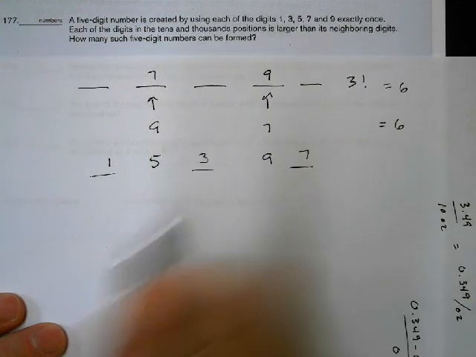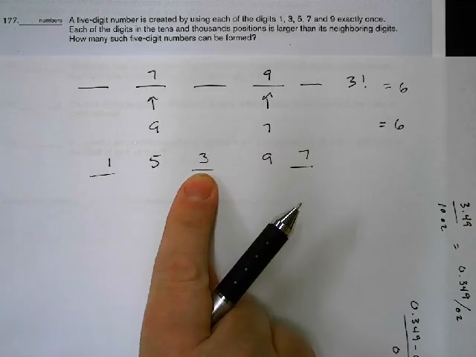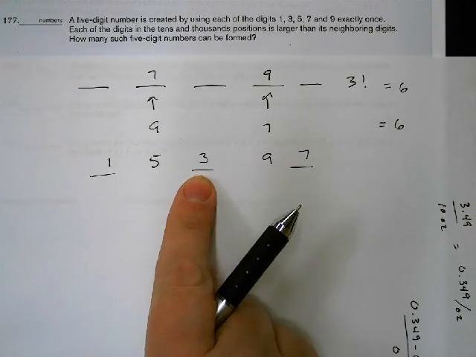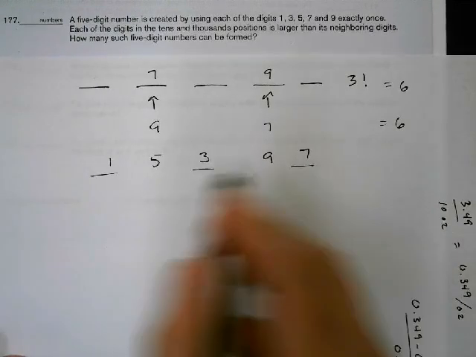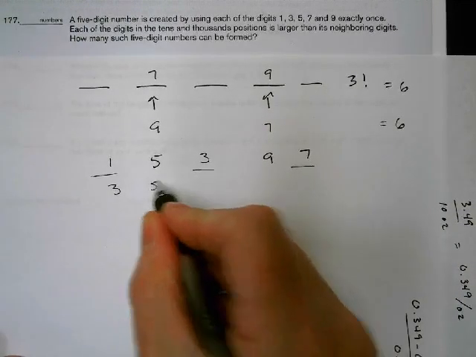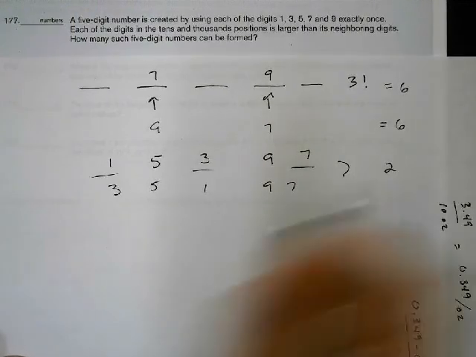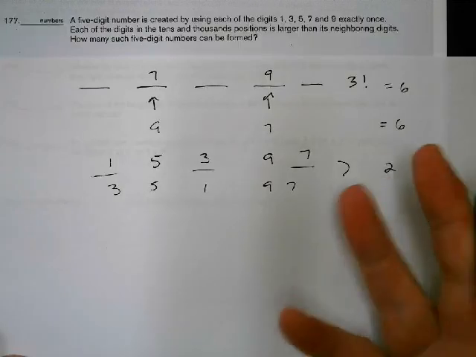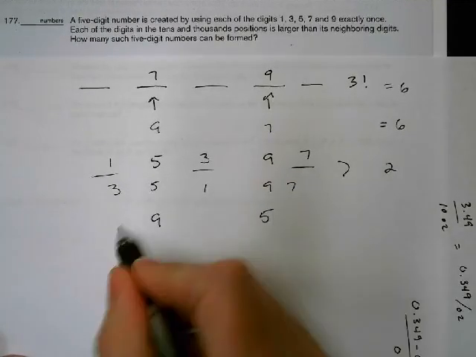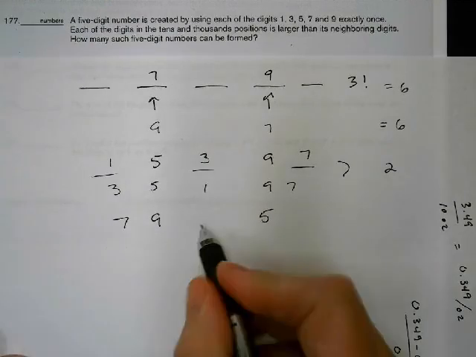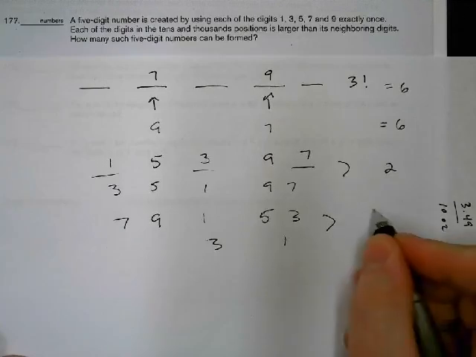So we end up with 2 ways to do it there. I could do 1, 5, 3, 9, 7 or 3, 5, 1, 9, 7. So there's 2 more ways. And then I could get 2 more ways by putting the 9 here and the 5 here. Then the 7 would have to go over here, and I could do 1, 3, or 3, 1. That's 2 more ways. So I got 12, 13, 14, 15, 16. Looks like we have 16 ways that we could do that.